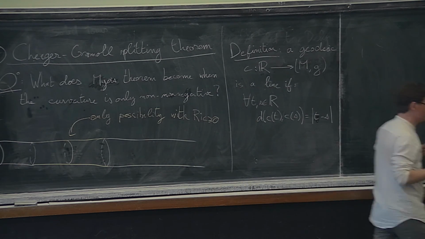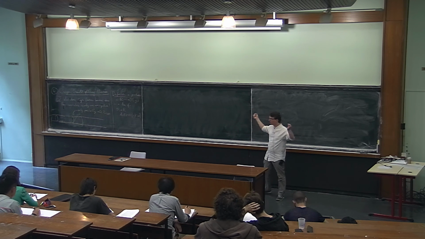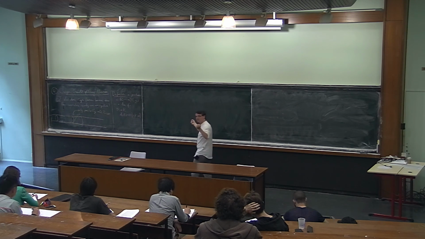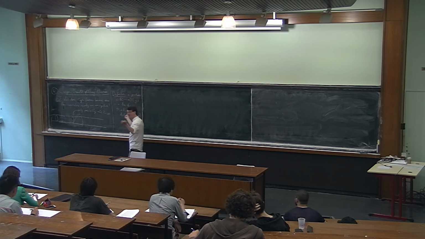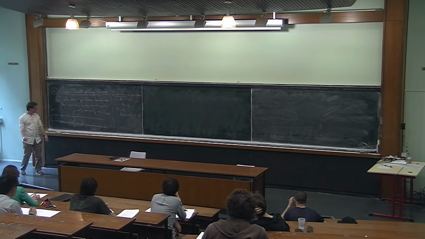So what is that? That says that your geodesic is actually minimizing on each of its compact parts, and it realizes the distance between any 2 points you pick on it.